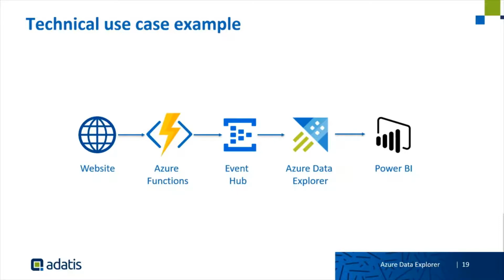Event Hub does work quite well on ingestion with Azure Data Explorer, and then you can visualize that data either within Azure Data Explorer itself, or even feed it to Power BI, and for instance have a report that you can refresh over the data, even through direct query if you want.